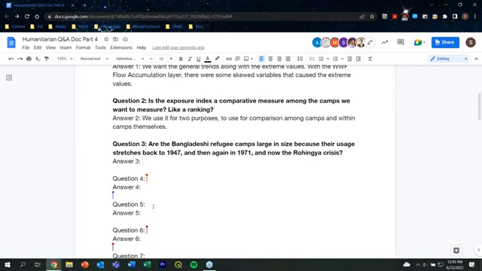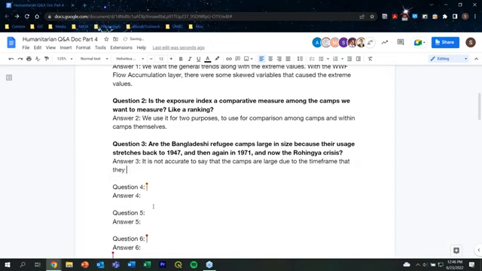Okay, great. Yeah, sure. Thank you for the question. Glad you asked in terms of understanding the size of the camps. I don't think it's accurate to say they're large because of the protracted elements of the situation there. Many of the camps that were smaller in size are actually the ones that have been there the longest.